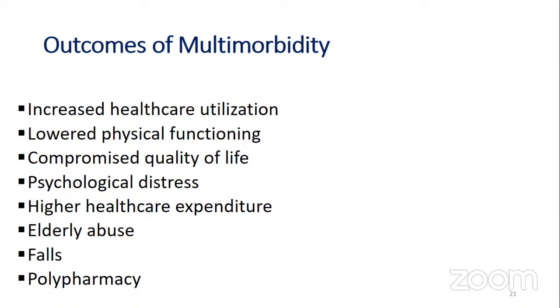Evidence suggests that multimorbidity may lead to elderly abuse, as these elderly who require frequent visits to the doctor or frequent management of diseases or conditions may be neglected. We talked about falls already. And polypharmacy, which is defined as five or more drugs taken at a time. With the increase of conditions, or with additional chronic conditions, the risk of polypharmacy also increases amongst multimorbid patients.